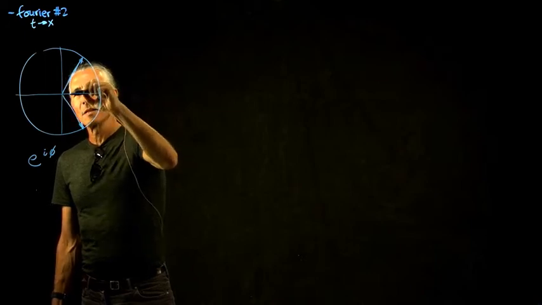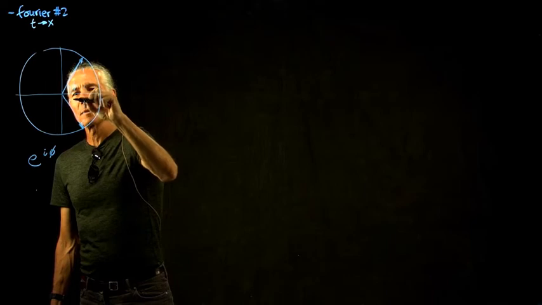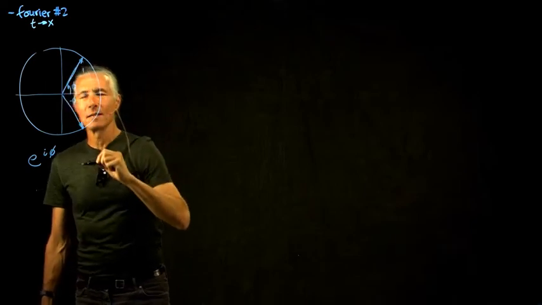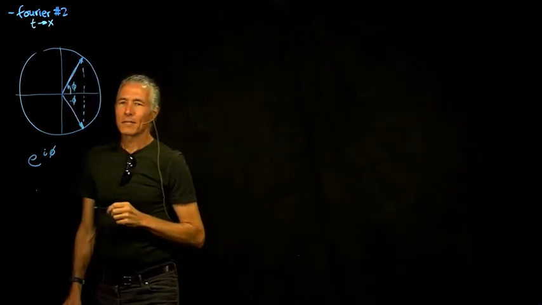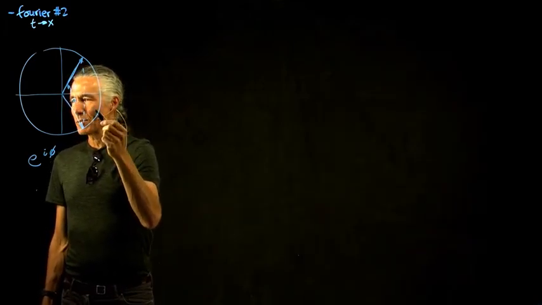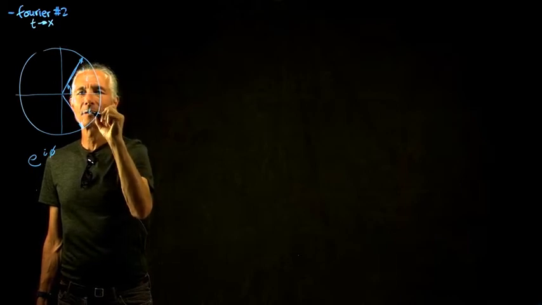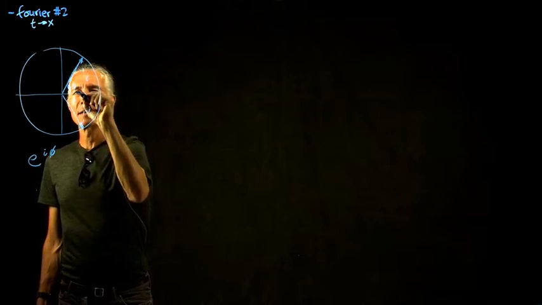If you have a positive angle or a negative angle, there's an asymmetry between the sine and the cosine part. So the sine part is the imaginary part. So here's minus i, and here's the real part.